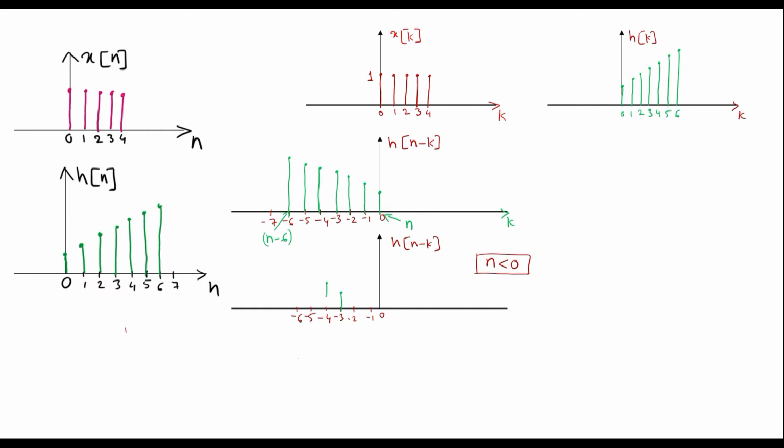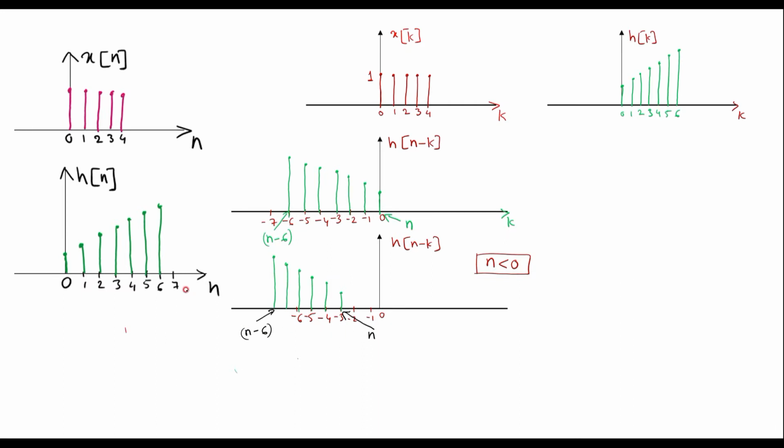This is the first sample, second sample, third sample, fourth sample, fifth sample, and sixth sample. Rest all values are 0. Now here we can observe that when h of n minus k is shifted left, the first sample will be n, and the last sample will be n minus 6.